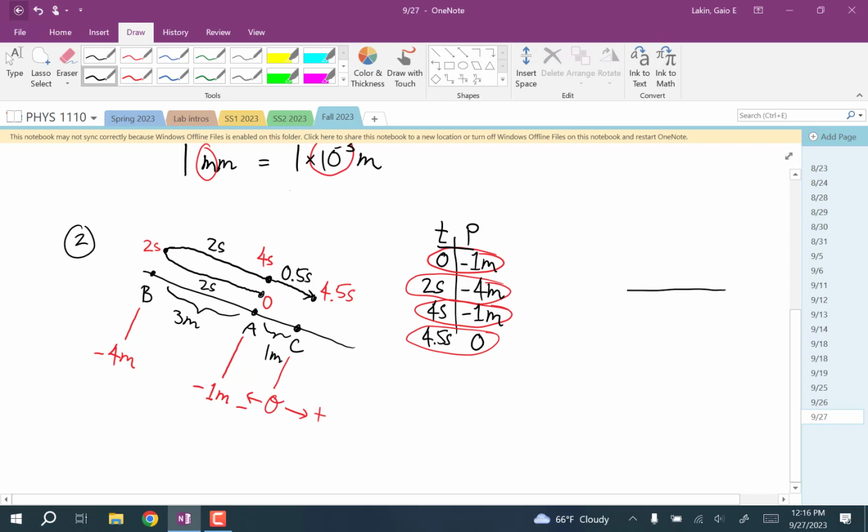So if the positions are -1, -2, -3, -4, and the times are 1, 2, 3, 4, 4.5, it's going to start at 0, -1, then 2, -4, then 4, -1, and then 4.5, 0.